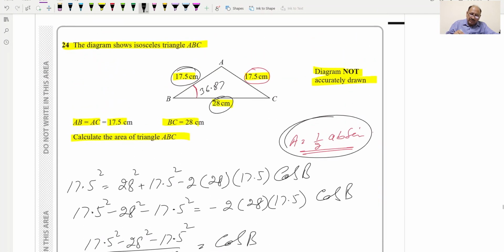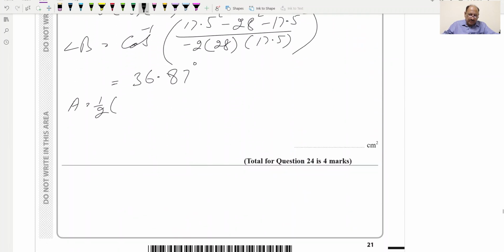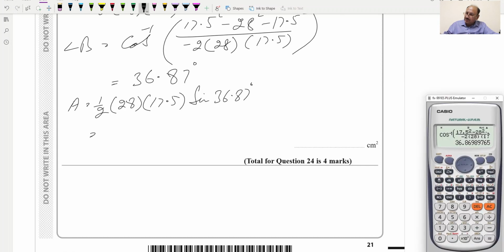AB will be these two sides, 28 and 17.5, basically the sides including that angle, multiplied by sine of angle 36.87 degrees, and we can calculate this will be 1 over 2 into 28 into 17.5 and sine of 36.87, and this will be equal to 147.